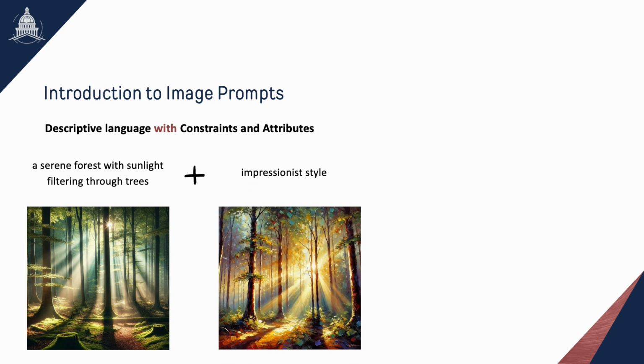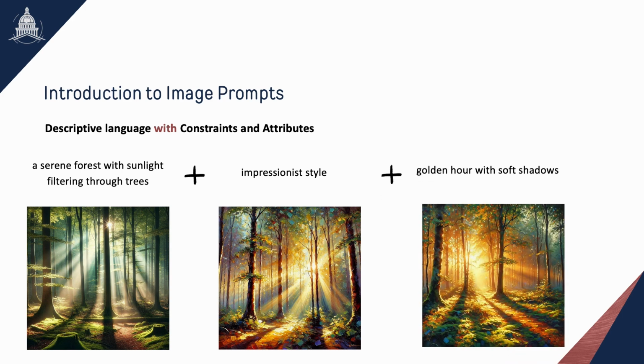Adding constraints like style, mood, or lighting further enhances precision, like in this example, where we specify an impressionist style, which guides the AI towards producing visuals that align with the soft, textured characteristics of impressionist art. Likewise, describing lighting as golden hour with soft shadows ensures the output matches a specific time of day and mood.